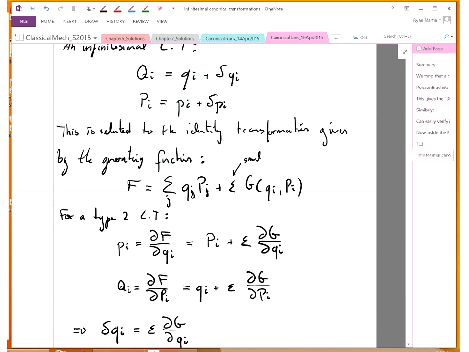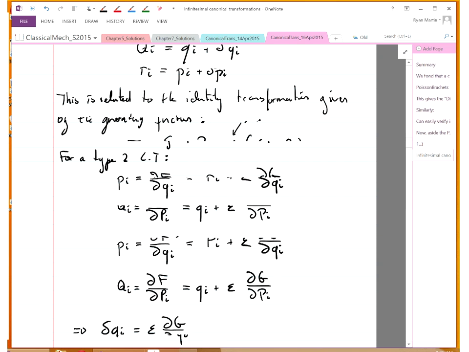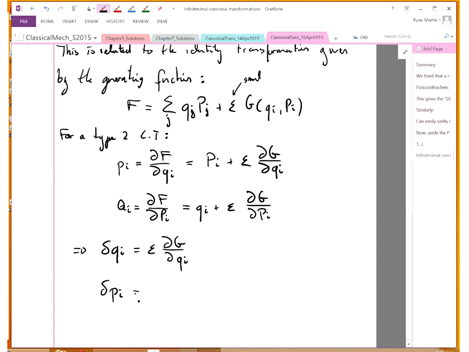And then delta pi. There's a minus sign in the notes here.